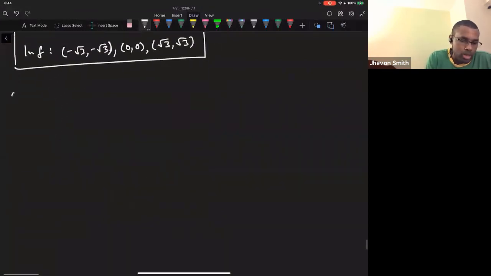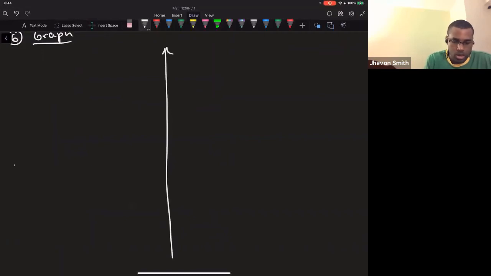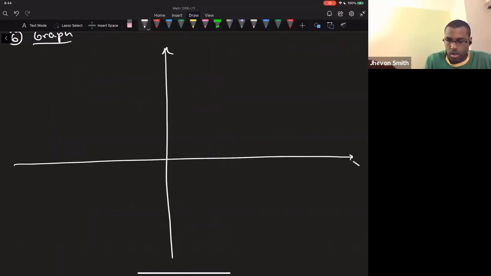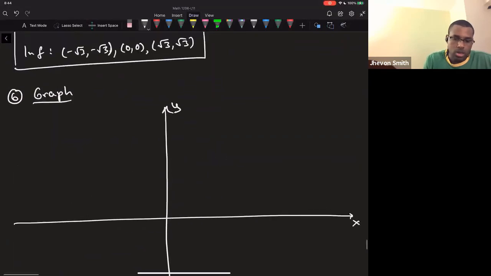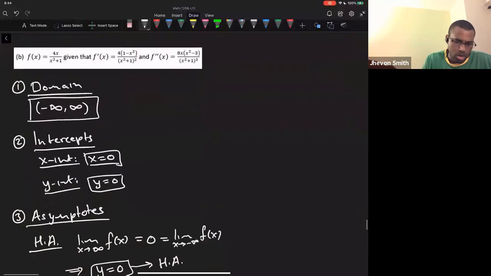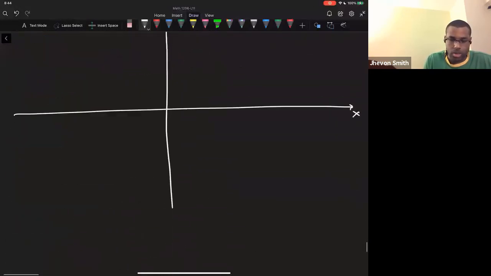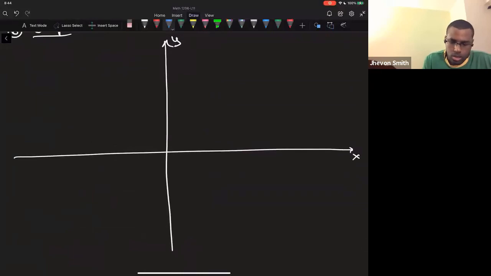Now with all that, I'm reaching step 6. I'm going to sketch the graph. So I'm going to put in the intercepts. 0, 0. Horizontal asymptote is 0. That's just that.